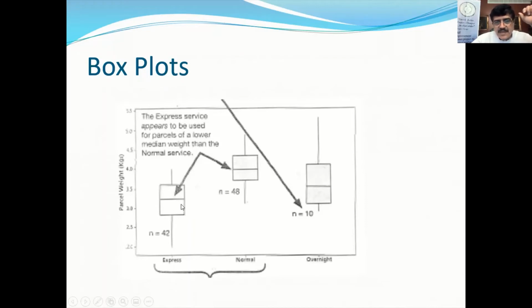So it's clear. But for this one and this one, we don't know. Yes, there is a difference, but we're not sure because they're overlapping. We can't be very sure that they are different. Maybe the sample that we took just happened to be like this. So this is important.